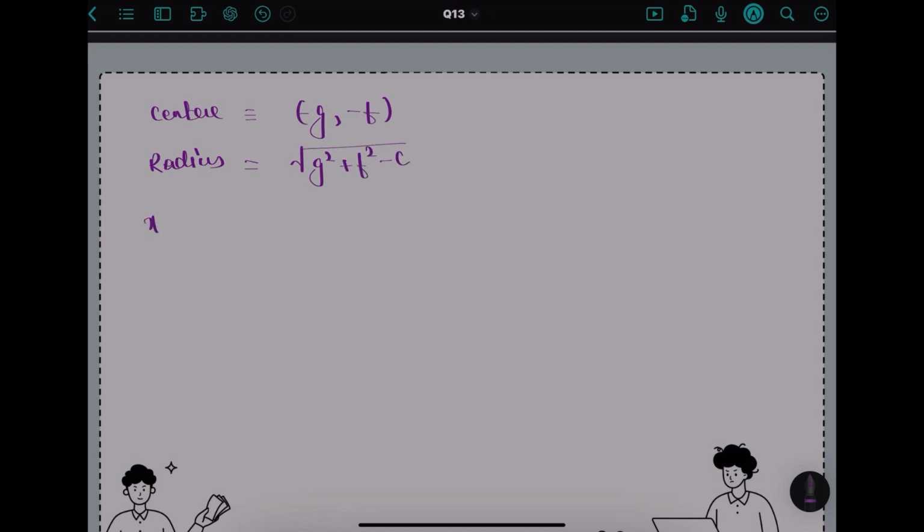And we have studied x intercept. What is x intercept? x is connected with g, so it is 2 times root over g square minus c. Then we have studied y intercept, again 2 times root over f square minus c.